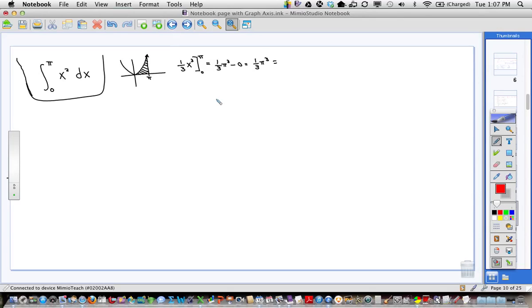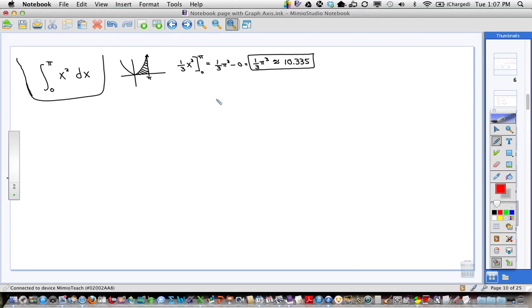Let's get your calculator out, because that doesn't mean much to me as an area. Give me an approximate decimal for 1/3 pi cubed. Should be positive area, obviously. 10.335. Okay, makes sense. An area of about 10.335 is roughly what we have there.